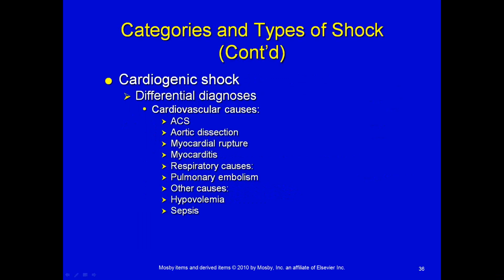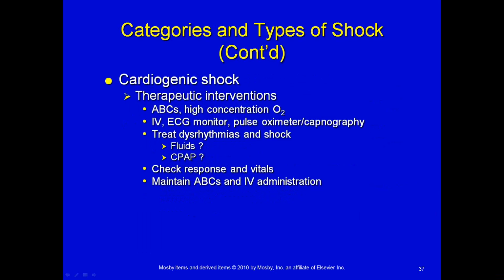Again, when you're talking about respiratory and pulmonary embolism, you can pull those into obstructive shock because they're referring to tension pneumothorax or PE, which would obstruct the flow of blood through the capillaries, which would decrease your ability to get oxygen to your tissue, which would lead to shock, but it really doesn't have anything to do with the pump as much as an obstruction of blood flow from a clot. Hypovolemia and sepsis can cause cardiogenic shock as well.